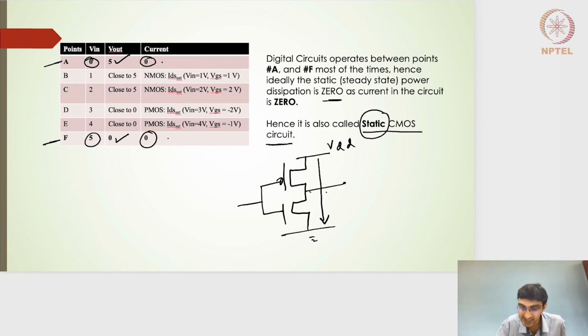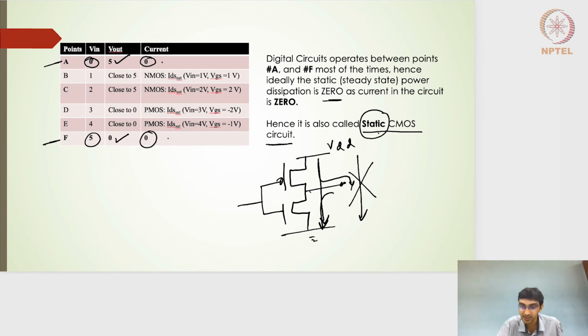Of course, there will be some current flowing to raise this output node from 0 to 5 volts or 5 to 0 volts, and then current flowing to the ground. But once it reaches the steady state value, after that there won't be any direct current from VDD to ground, right? And thereby this particular 0 current is why it is called static CMOS circuit families.